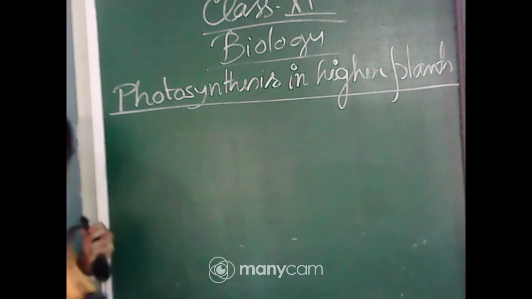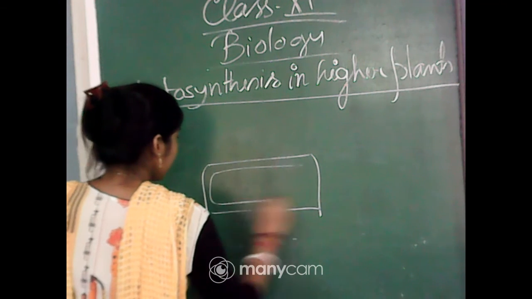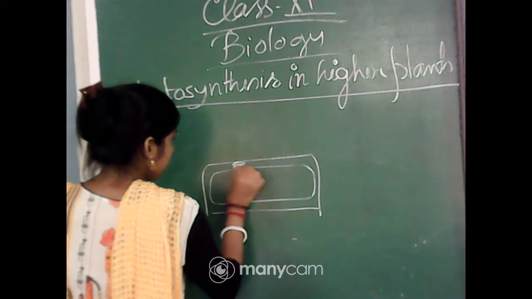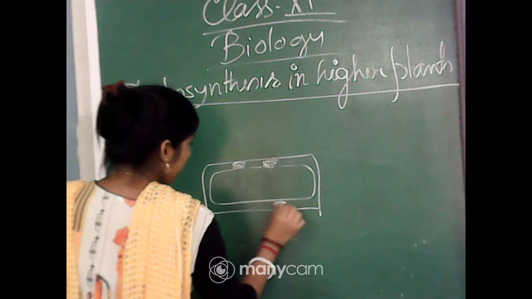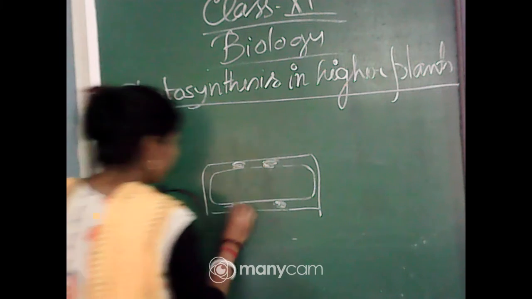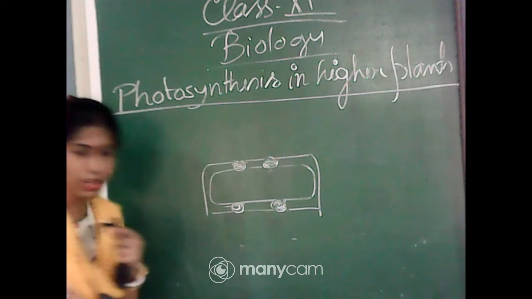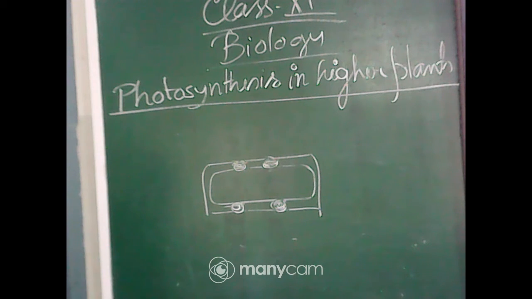If I consider a separate thylakoid like that, so the position will be like that. Okay, if I consider this one as a structure of the thylakoid, so this one is the chlorophyll. These are the chlorophyll pigments.